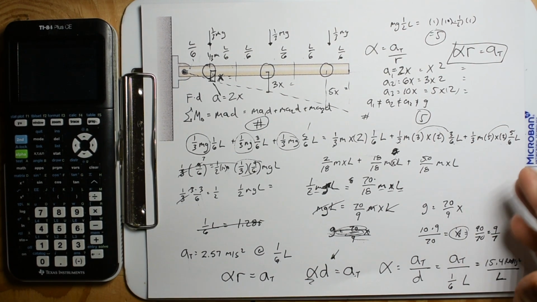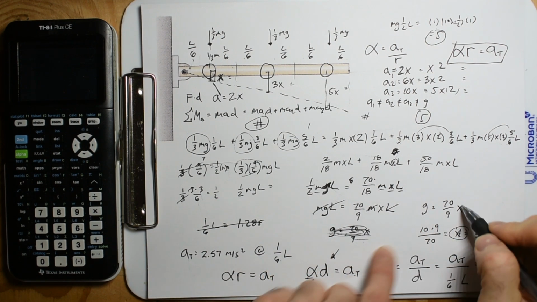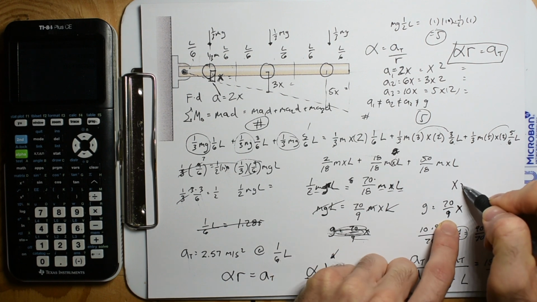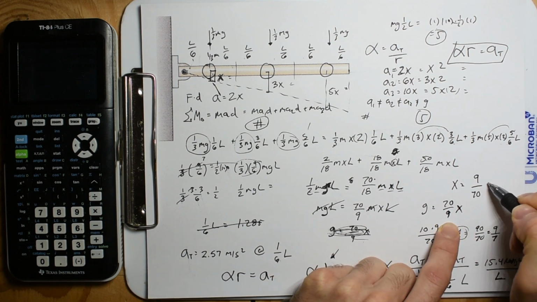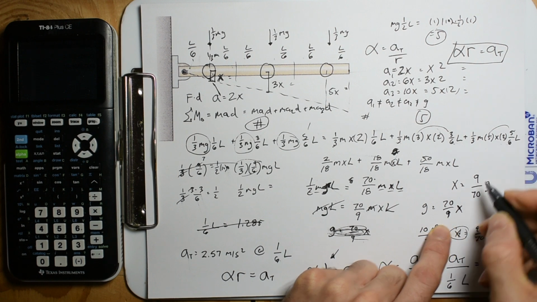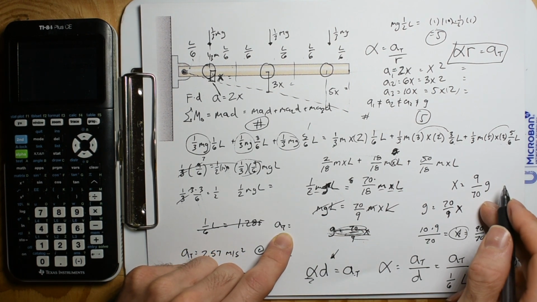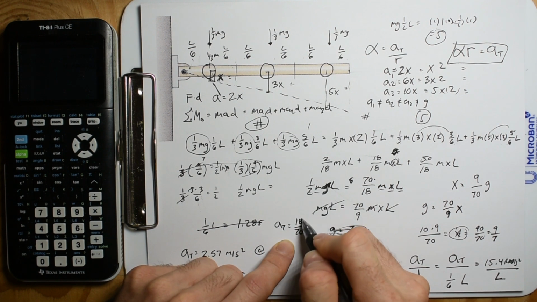All right, I caught my error, because we were trying to find this distance x in terms of g. So x in terms of g would be 9/70 times g, and our tangential acceleration is going to be double this, so that's 18/70 g.